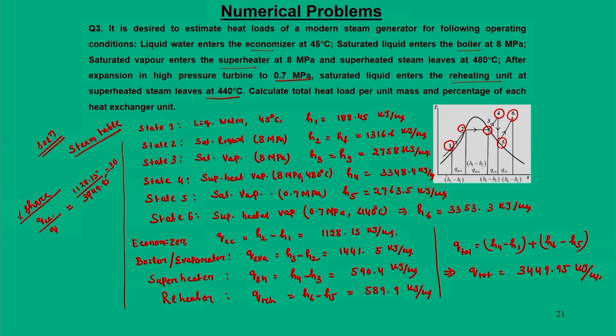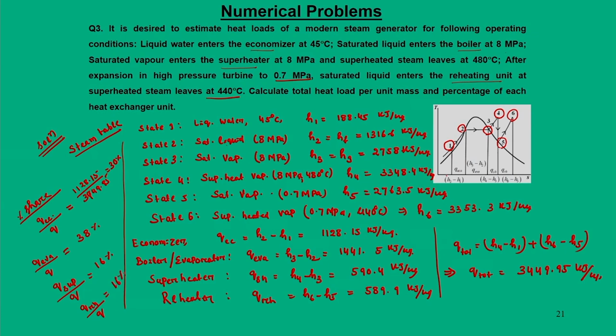So, this is 30%. Similarly, Q evaporator by Q, this value would be 38%. Q superheater divided by Q, this is 16%, and Q reheater by Q is 16%.